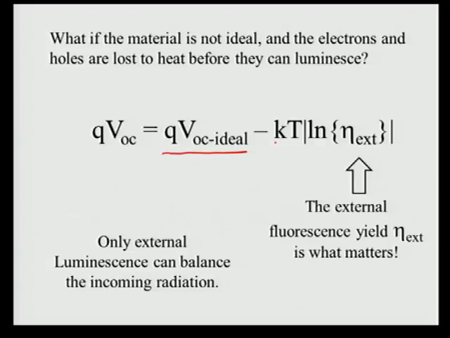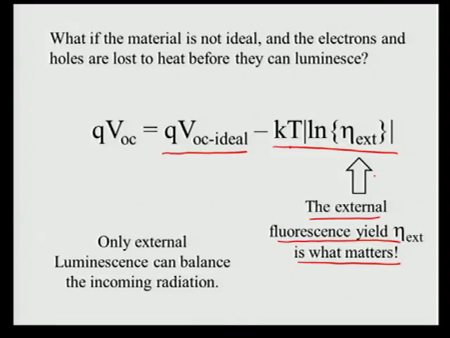And to the extent that you fall short, that you fail to externally fluoresce the incoming solar photons, you will lose voltage by this amount. And if it's really bad, like 10 to the minus 5, you will lose a lot of voltage. A lot of solar cells are like that. I don't like that. But it says if you really want to achieve the theoretical limit, you must have a solar cell that does a great job emitting light.